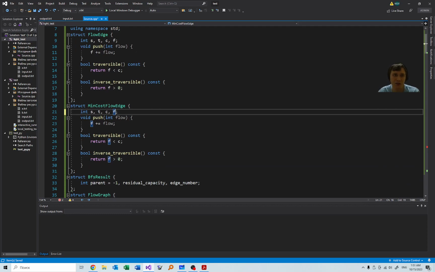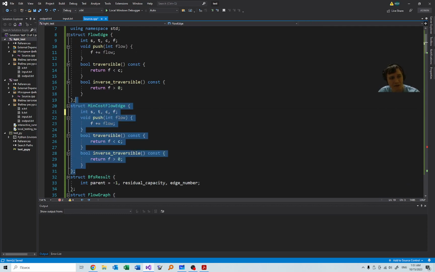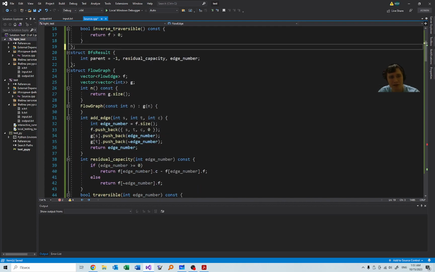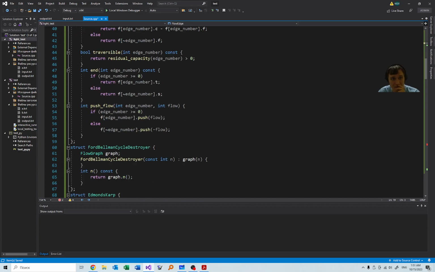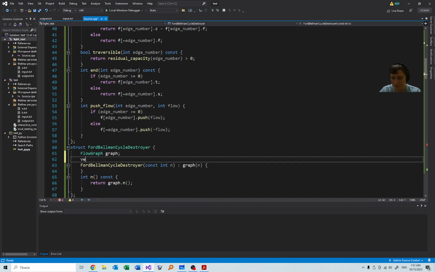I think I can store them separately because I really don't want to store it in the graph.